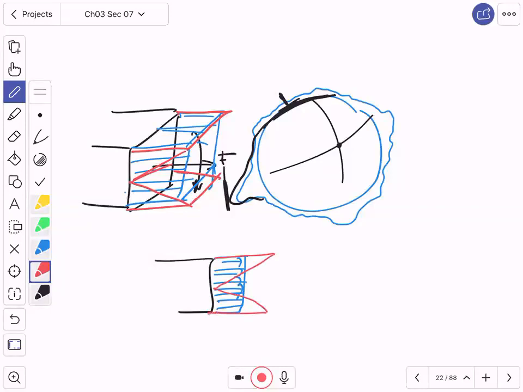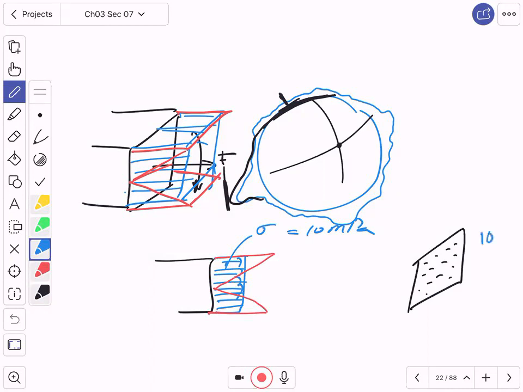Now, if you have only the blue color, and I ask you what is the stress in the cross section, you will tell me it is 10 megapascal. And logically, if I look at every single point in the cross section and ask it how much the stress is, it will tell you, I am 10 megapascal.